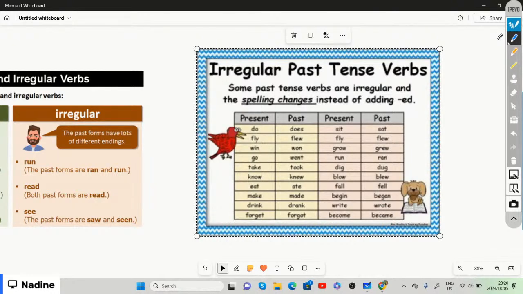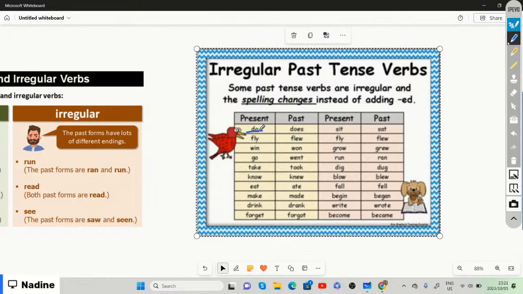All right. So in the present, we have do, something that you're doing now. I do something that you're doing. So do. But then in the past, right? So now the wording changes.